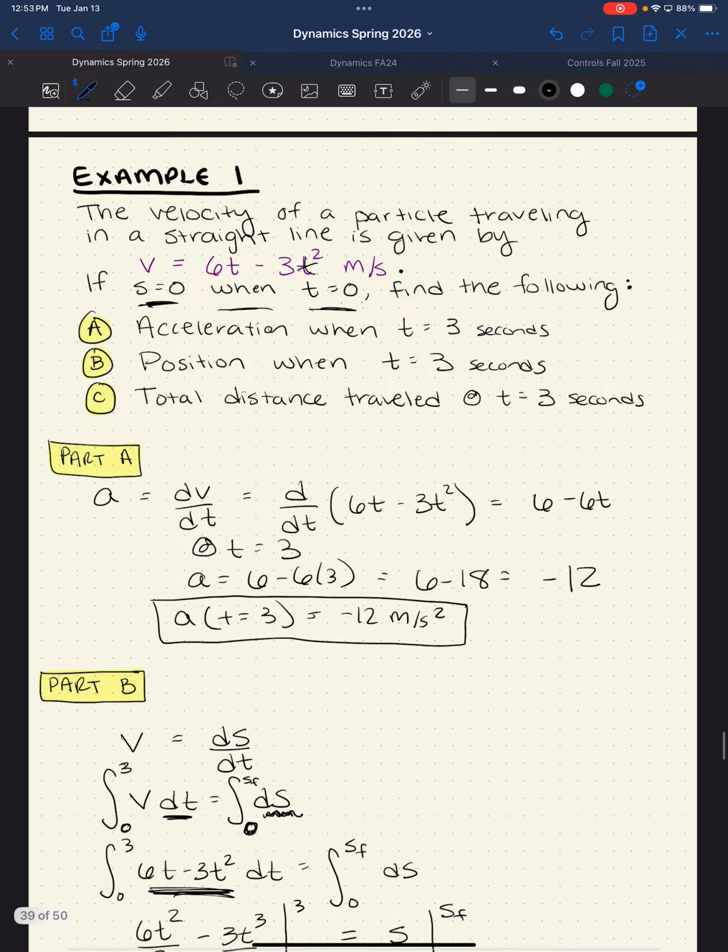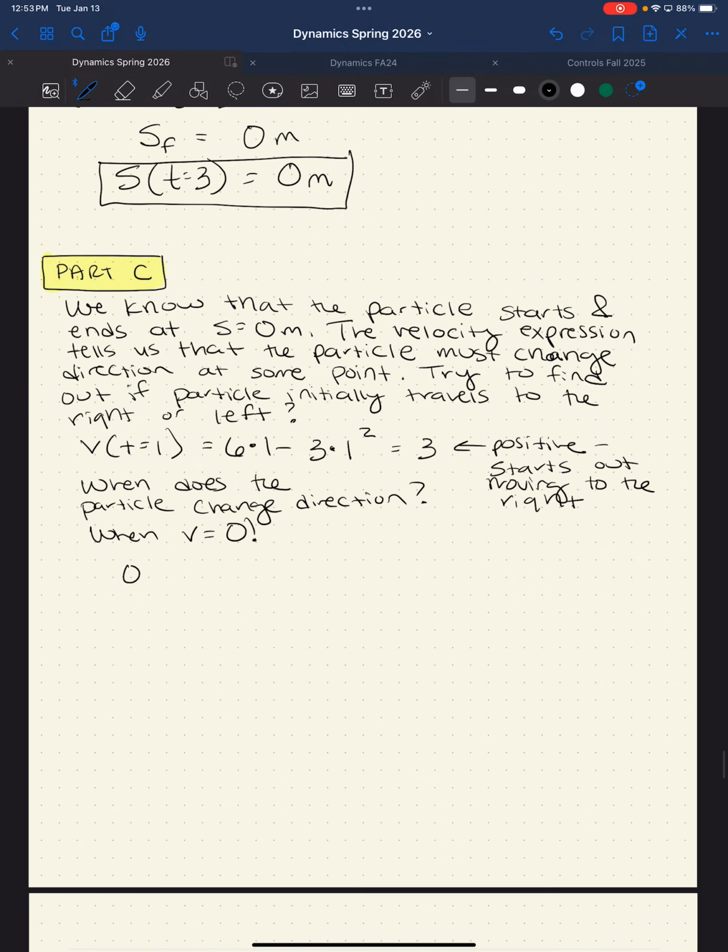We have 6t minus 3t squared. I can factor the right-hand side. I'll get t outside of 6 minus 3t. And this expression goes to 0 when t equals 0 and when 6 minus 3t equals 0. So t equals 2.